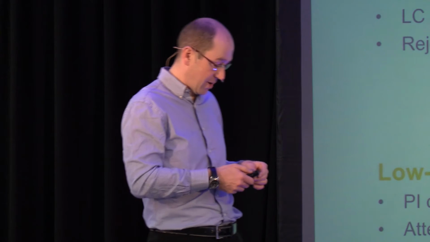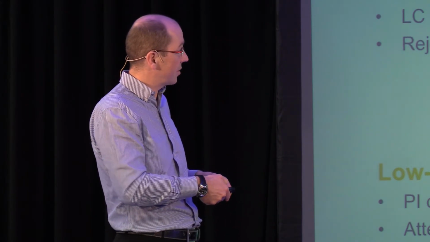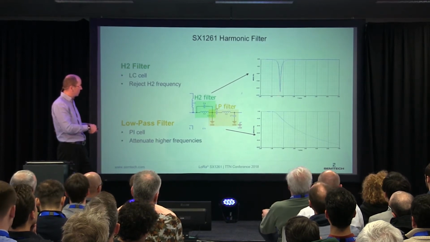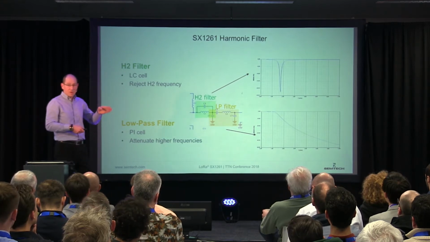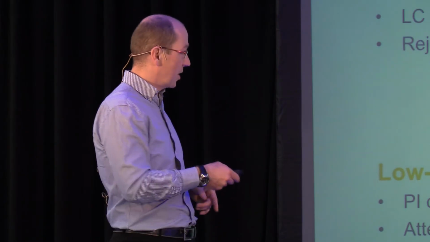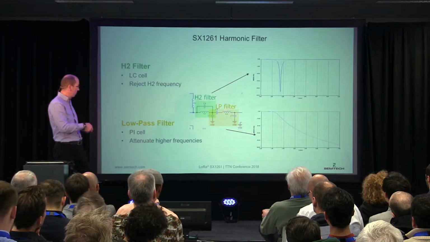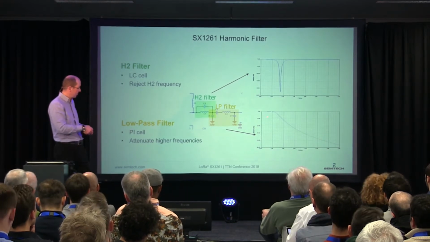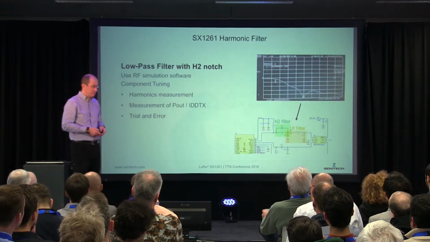You see here on the top right the attenuation versus the frequency. So you see that everything passes unless at a precise frequency. So first to filter out the second harmonic, and then a classical pi filter, here a low pass filter in pi, which has this kind of attenuation to filter out the higher frequencies.